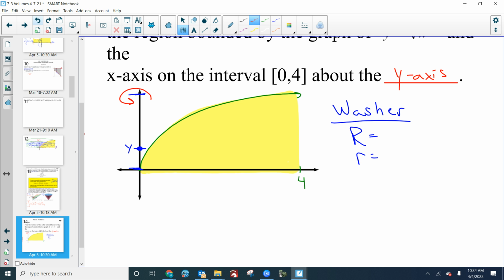You want to draw in your radius. Well, isn't a radius from, ready? I'm spinning something on a string around my hand. The radius is how far that thing is away from my hand. What's the rotisserie here? What's my hand? It's the y-axis. What's the outermost radius? 4. Agree or disagree?